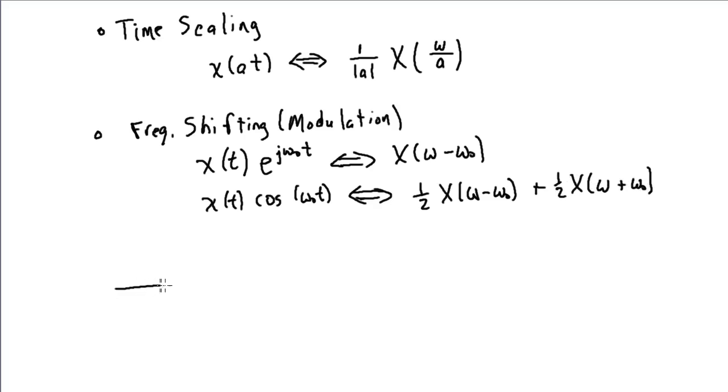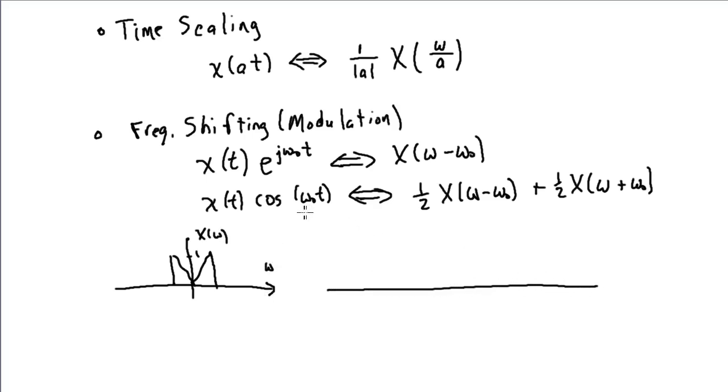So just as an example, let's assume that X of omega looks like this, and then I'm going to multiply that by a sinusoid with frequency omega 0. Then based on this property, I'll have this function shifted to the right by omega 0.